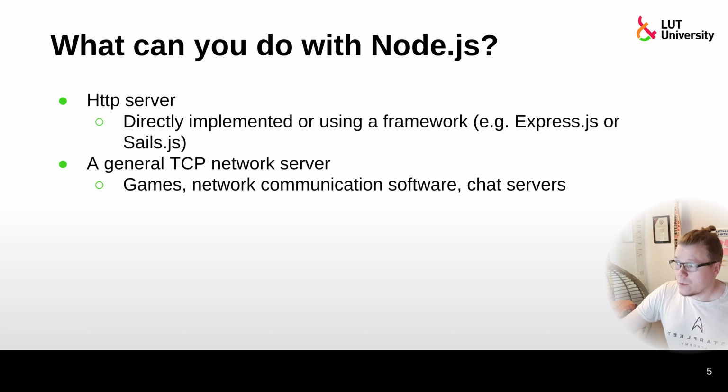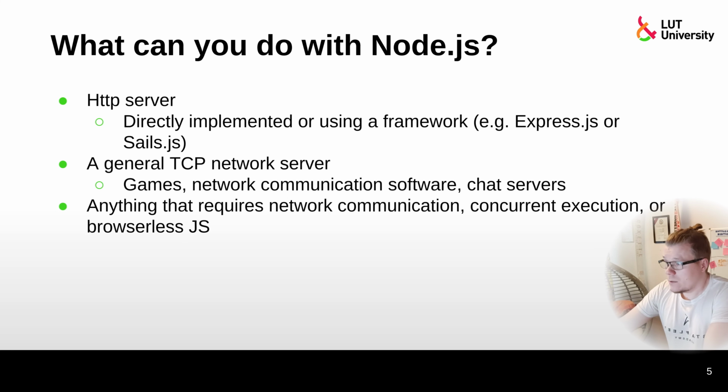You could have network communication software or a chat server, so you could build something like a Signal server or a WhatsApp server with Node.js. So anything that requires network communication, concurrent execution, or browserless JS. You could basically build anything, like, let's say, Visual Studio Code. It is built with JavaScript and it's running on Node.js.